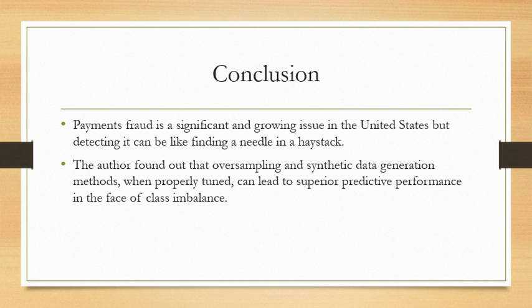When you look at the results, the way he went through the methods, it's like a needle in the haystack: you have to go through all different methods to find which method fits for you. The author found out that oversampling and synthetic data generation methods, when tuned properly, can lead to superior predictive performance in the face of class imbalances.